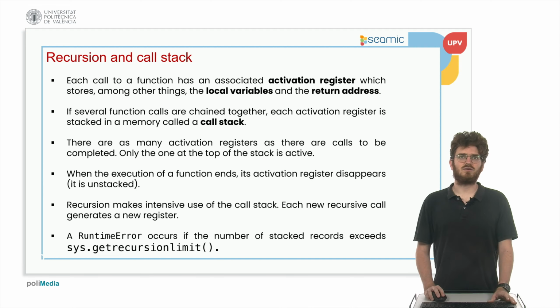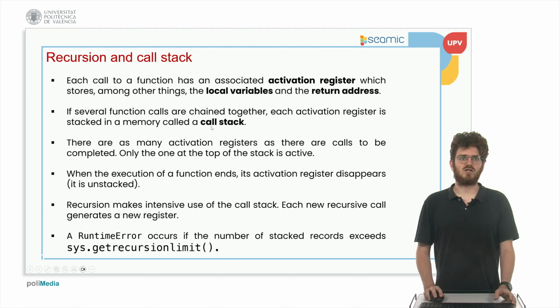These values are all stored in a position in memory called an activation register. An activation register is just a region of memory in a place called the call stack. So if you remember from the data structures section, the stacks, you will see that the calls form a stack by stacking upon each other.